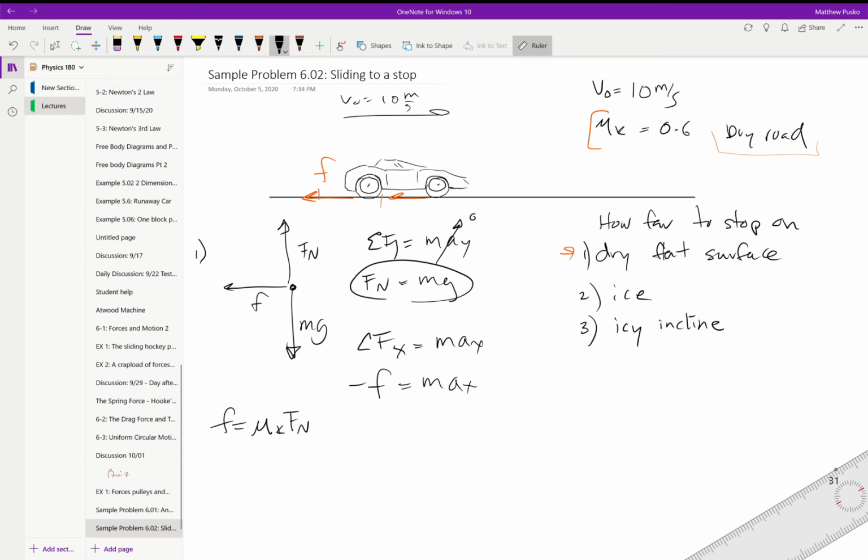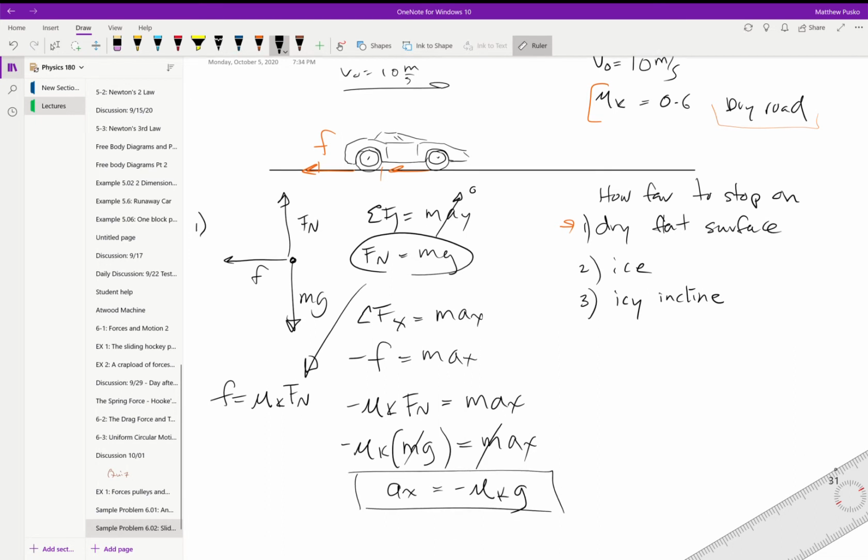Put this in there, and I get minus mu k times the normal force is equal to mass times the acceleration in the x direction. That turns into minus mu k times mg is equal to the mass times the acceleration in the x. Cancel, cancel. We get the acceleration in the x direction as negative mu k g.